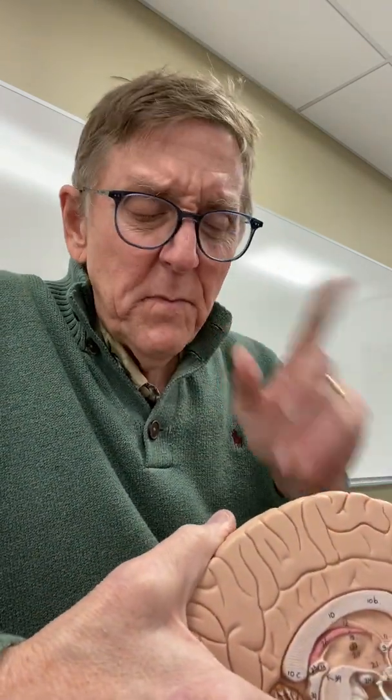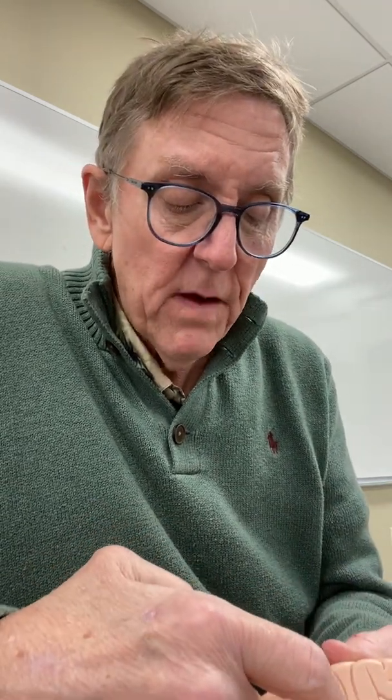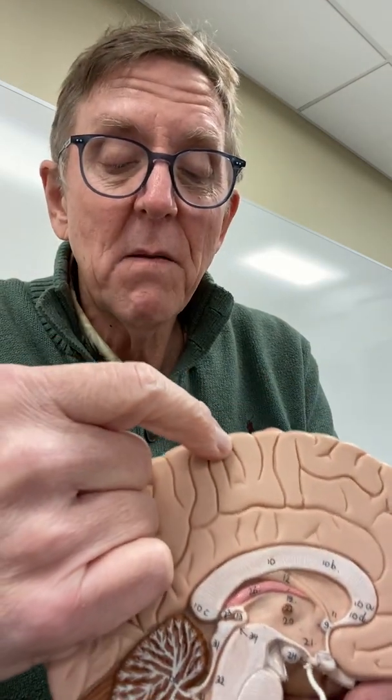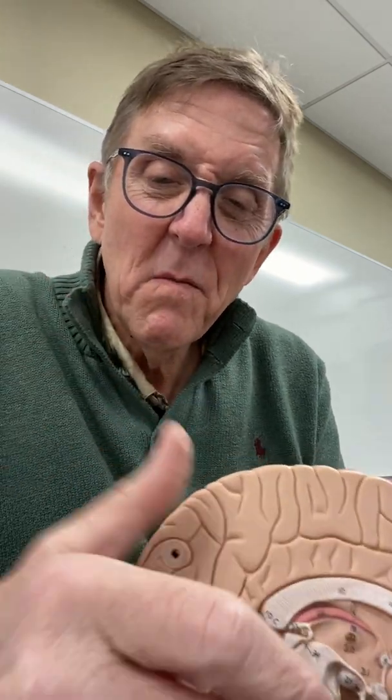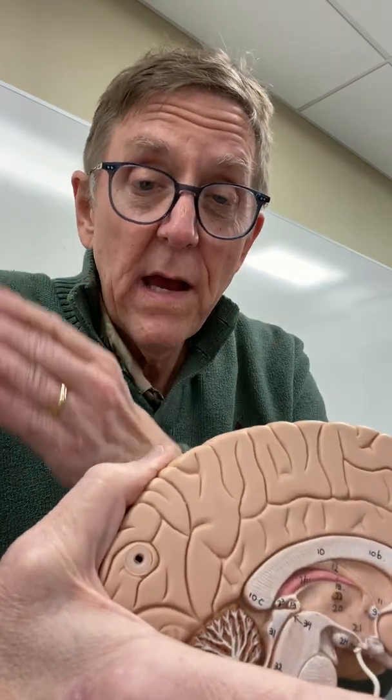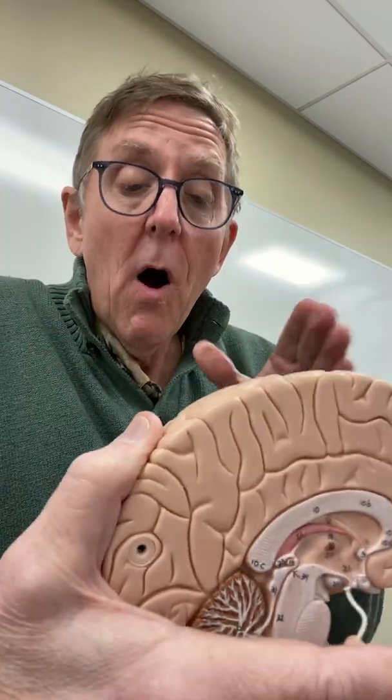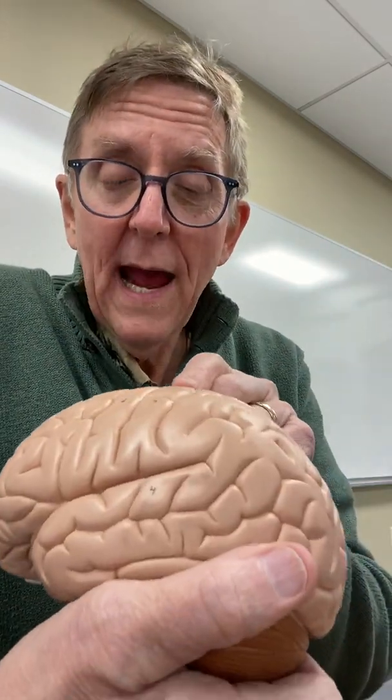So we have projection fibers that are going to be moving up and down the central nervous system. We then have something called association fibers. And what you have is regions of the cerebral cortex that communicate with one another, this area to this area. And we have what we call association regions on the cerebral cortex.